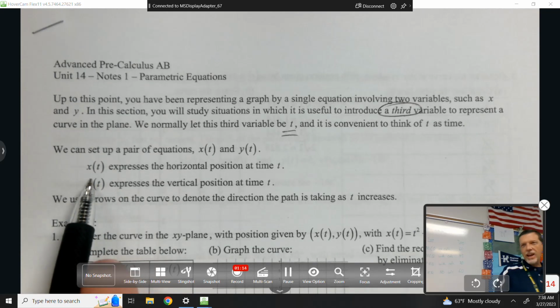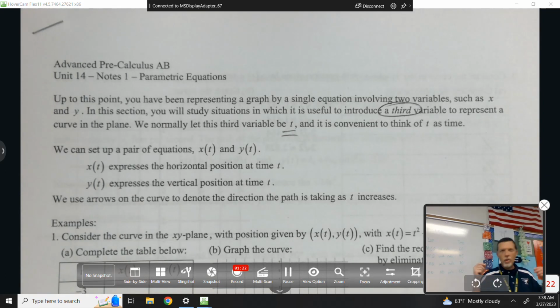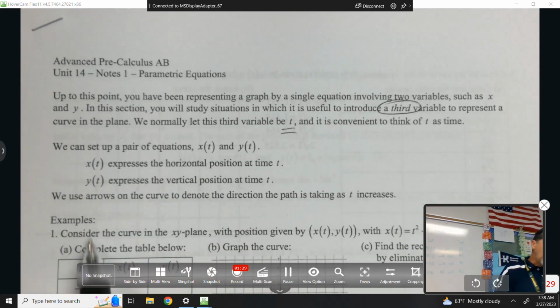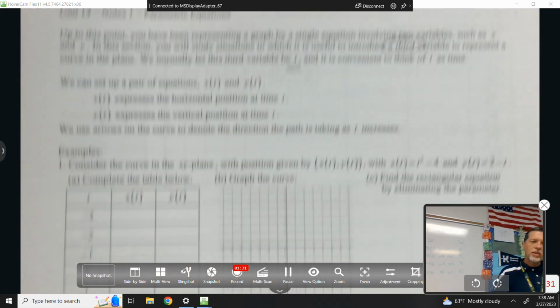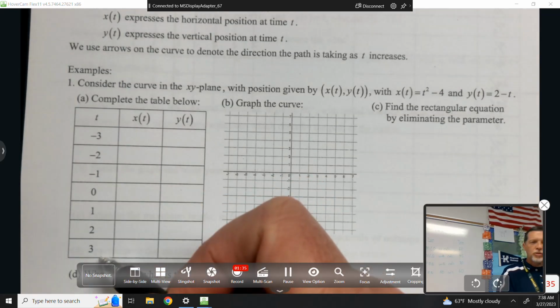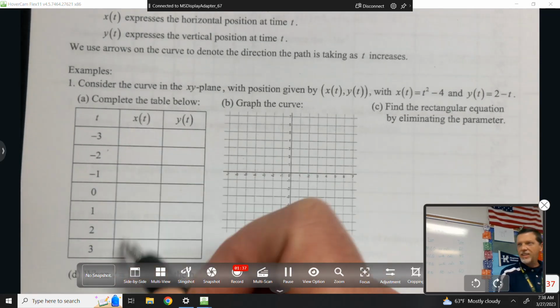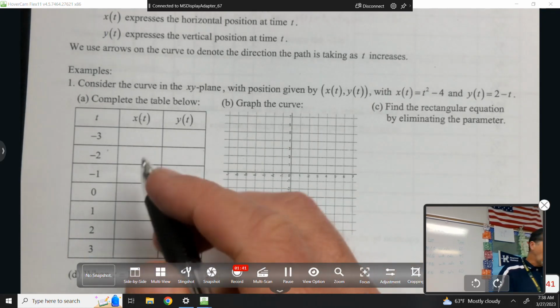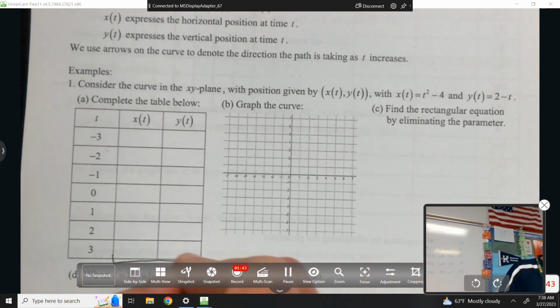Okay, so you're going to have a pair of equations. One tells you what x is doing, and the other equation tells you what y is doing. And so you don't initially have y in terms of x. You have x in terms of t and y in terms of t. So as t traces out some values, kind of jump into this table down here, you plug in t to x to get the x coordinate, you plug in t to y to get the y coordinate, and then you graph the x and y.